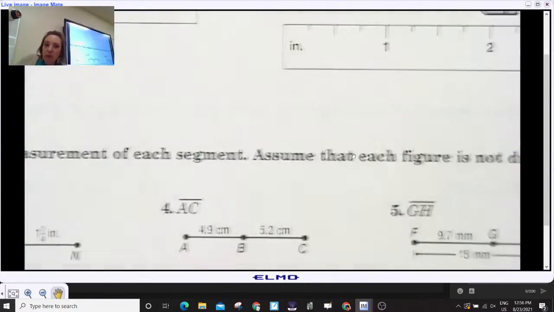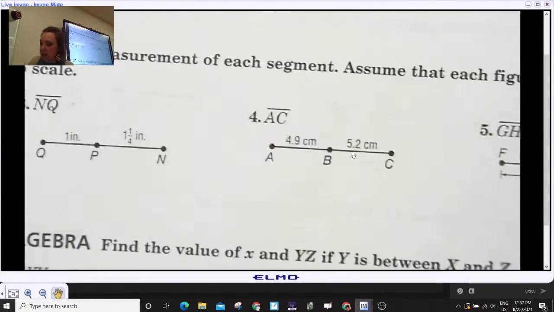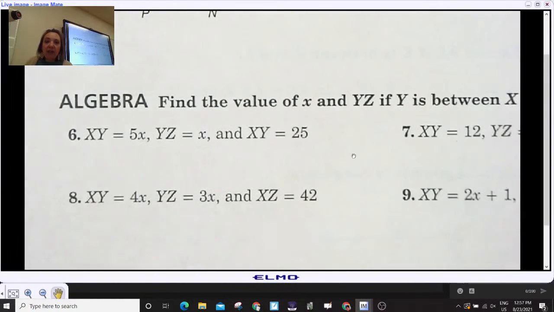Here we go. Okay, so we're going to look at 8 and 9. Now remember, on 8 and 9, they have the exact same diagram as 6 and 7. It's that line segment that starts at X, ends at Z, right? Y is in the middle somewhere.